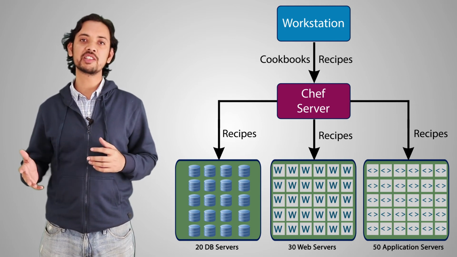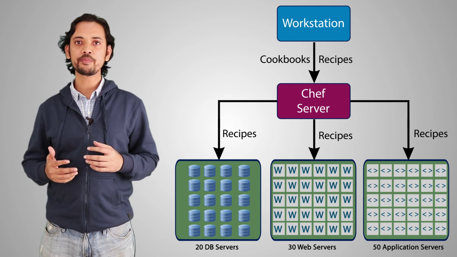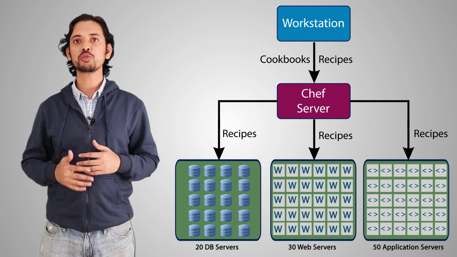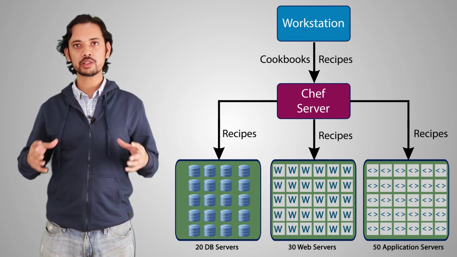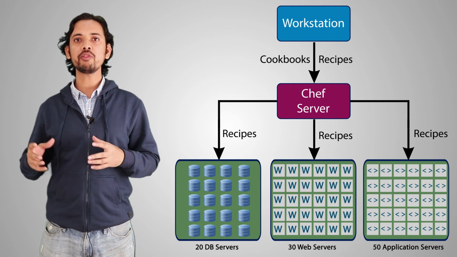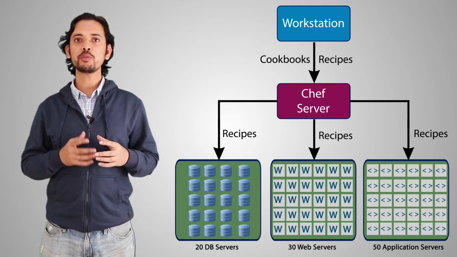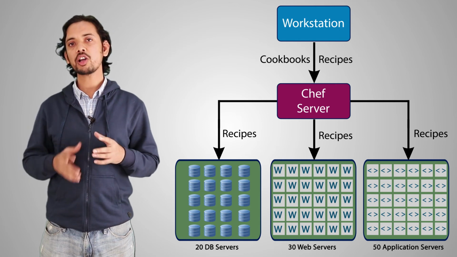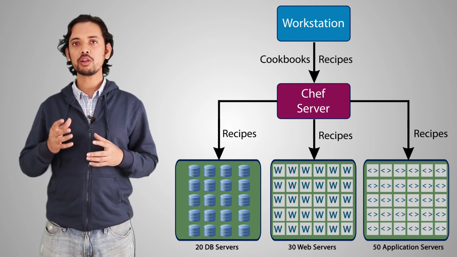Chef simplifies this. You can create recipes, you can create a set of recipes called cookbooks, and you can upload them to the Chef server. Now all those 100 servers that need to be configured differently would be working as Chef clients. So they would be acting as slaves to your master. Your Chef server, or the master, knows all about those nodes.